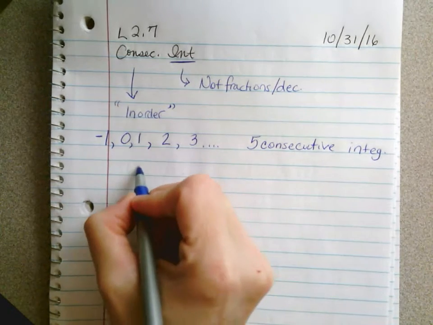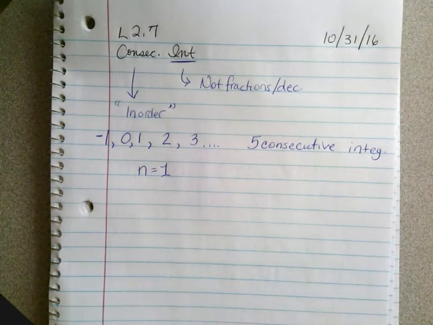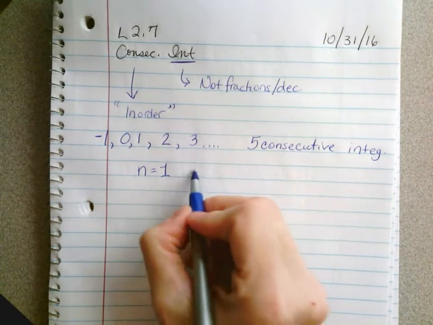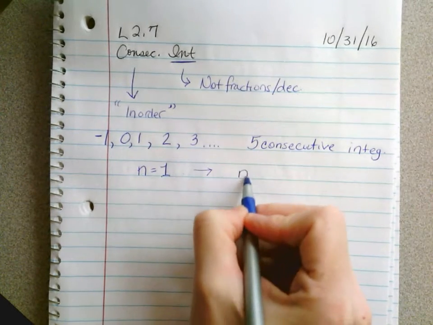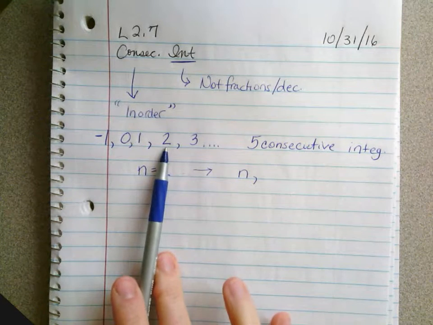If I say n is equal to 1, then the order of these numbers, 2 comes next, right?